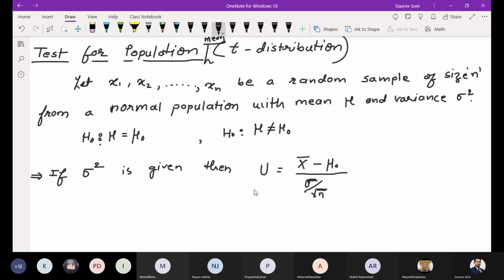So we'll find out the value of u, and depending on this value of u we will decide.